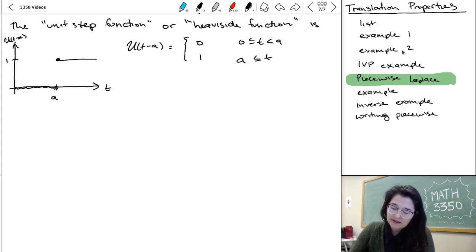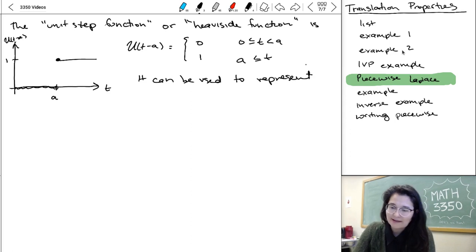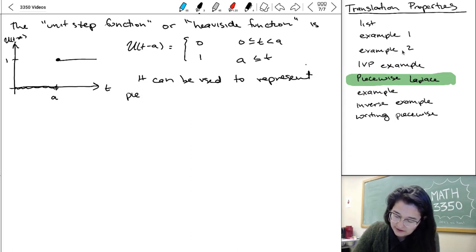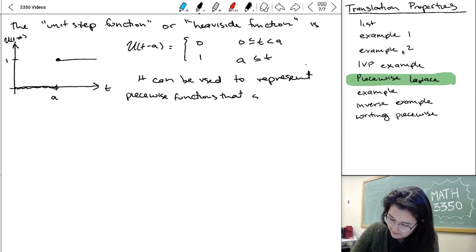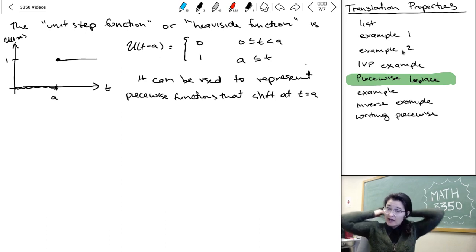And the way we're going to use it is a way to represent in a single line piecewise functions that shift their definition at t equals a.